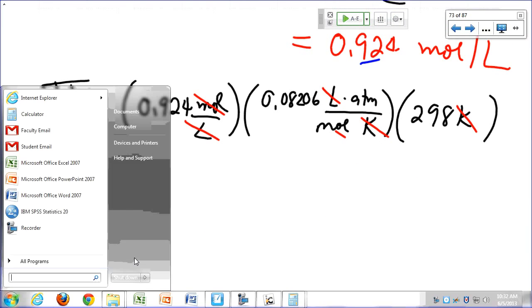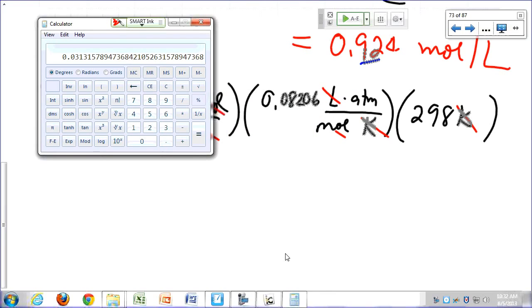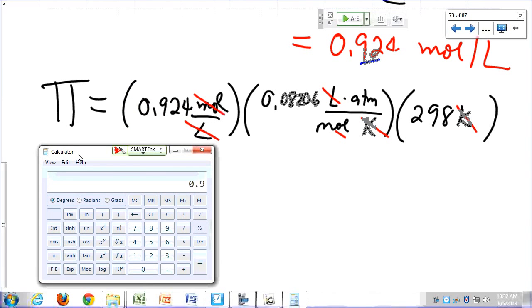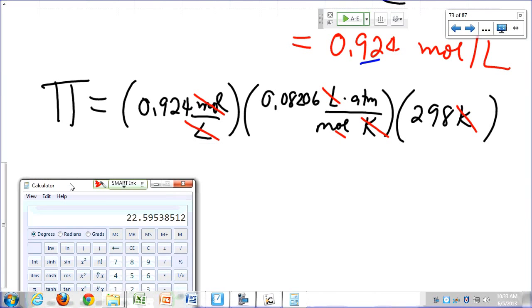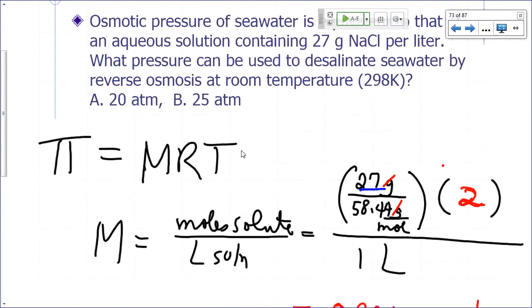And what would that be? Okay, so I have 0.924 times 0.08206 times 298. It's going to be 22.6. With 2 sig figs, it's going to be 23 atmospheres.